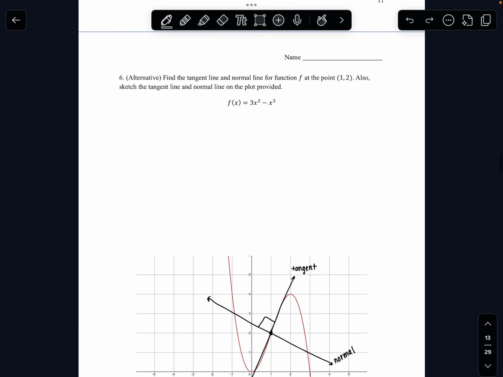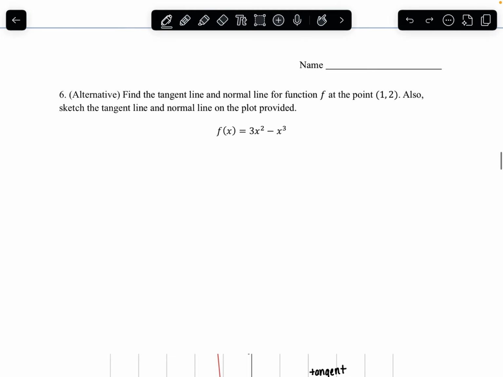So now let's actually do the calculus to figure out what the equations of these lines are. So the tangent line. Tangent is basically synonymous with derivative in this case, because dy/dx, or f prime of x, whatever you want to call it, gives us the slope of the tangent line.